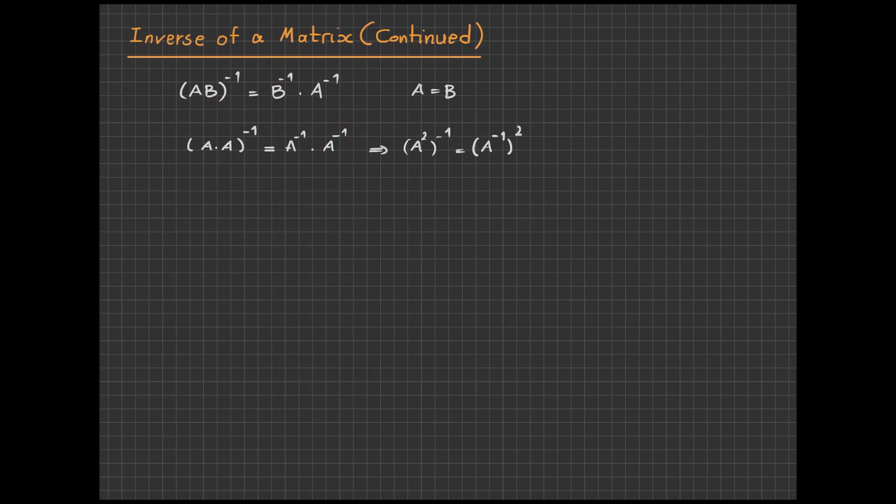Of course this is not the general proof, but hopefully you understand the idea is more or less the same. It doesn't matter if I raise to power 2 and then take the inverse, or take the inverse first and then raise it to power 2, the results are the same, even though it is not trivial at all.